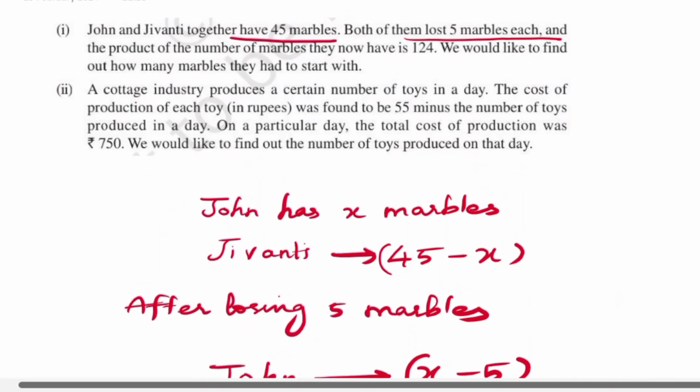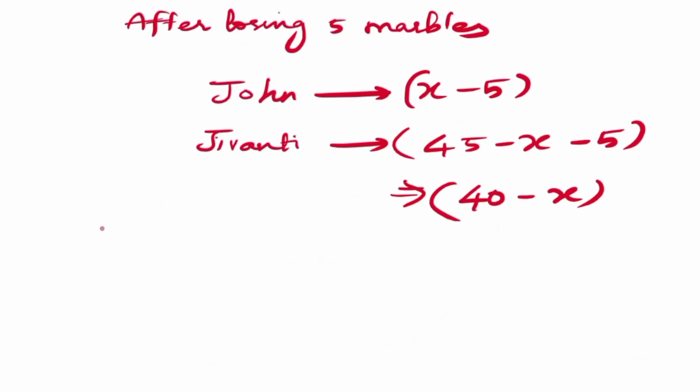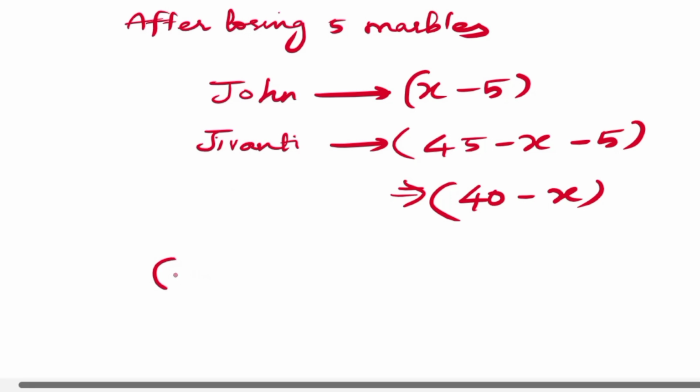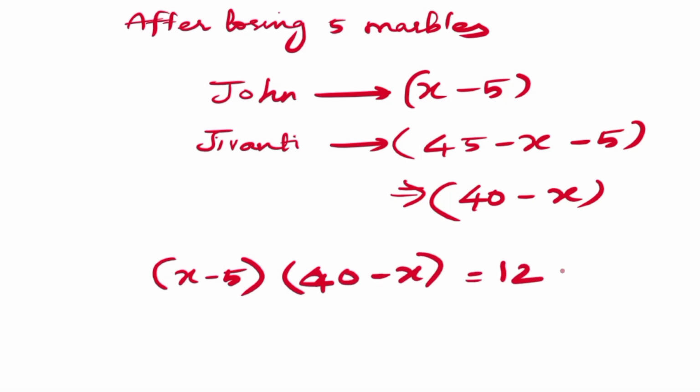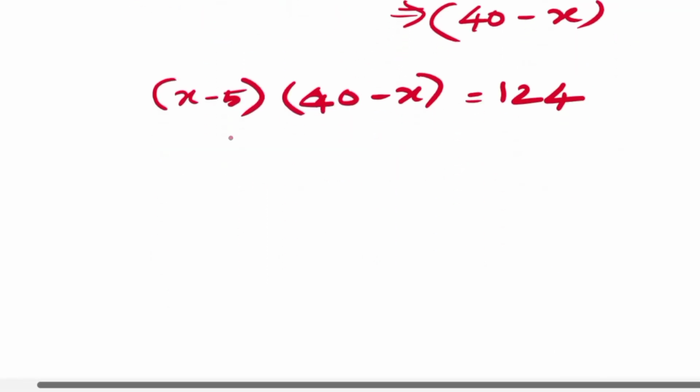Next, what is given? The product of the number of marbles they have now is 124. That is the number of marbles that John has now and the number of marbles that Jivanti has now, their product comes out to be 124. That is, X minus 5 into 40 minus X is equal to 124. Now we will solve this.